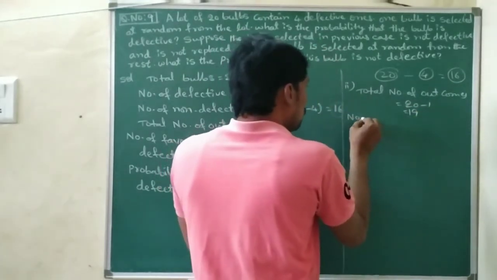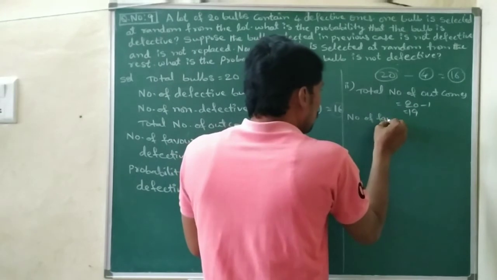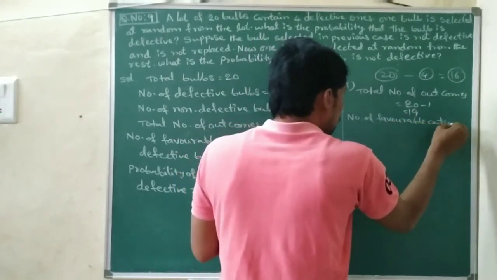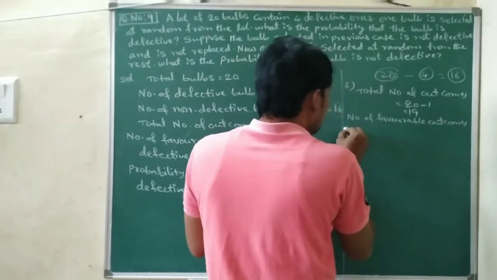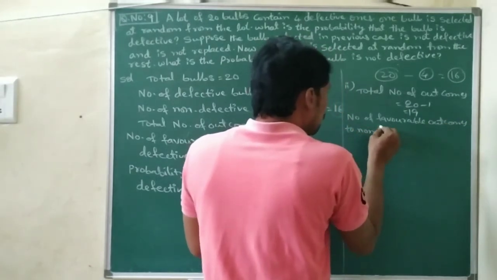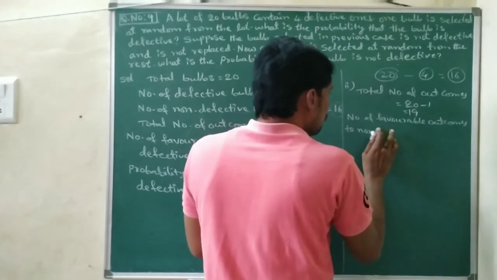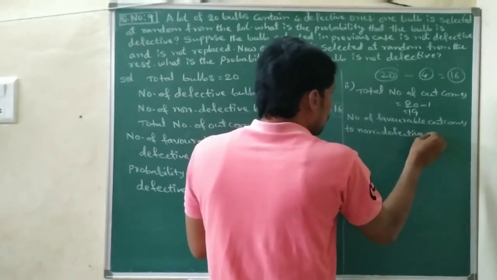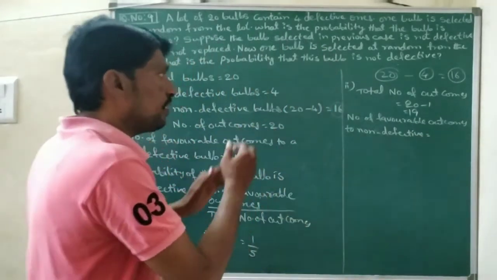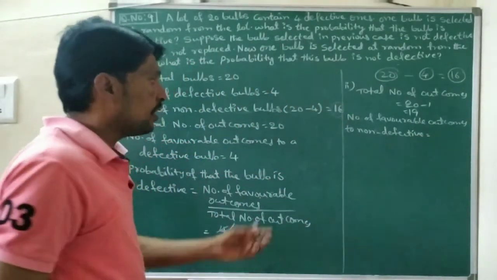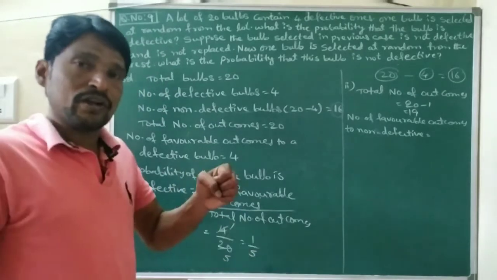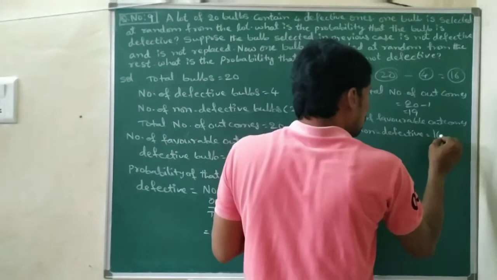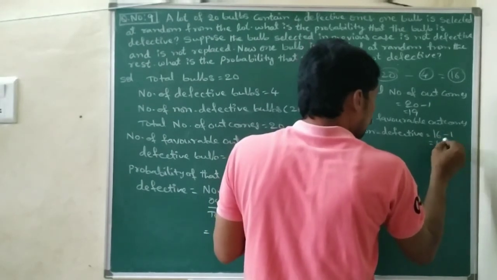Number of favorable outcomes to non-defective equal, here non-defective bulbs are total 16 will be. In the previous case when one bulb we took outside, means we can get 16 minus 1, that equal 15.